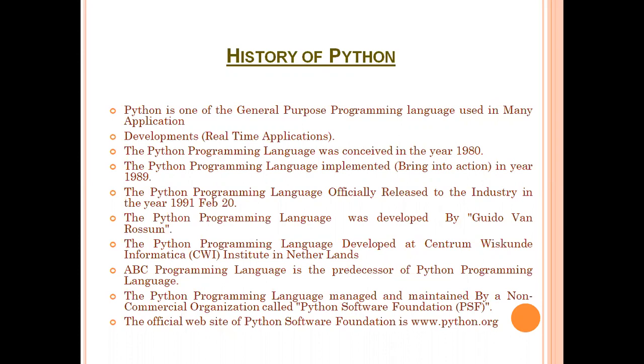So we all know it was conceived in 1980. It was brought into action in 1989. Officially, it was released on February 20, 1991. Guido van Rossum is the father of the Python programming language. It was developed at CWI, which is located in the Netherlands. The ABC programming language is the predecessor of Python.